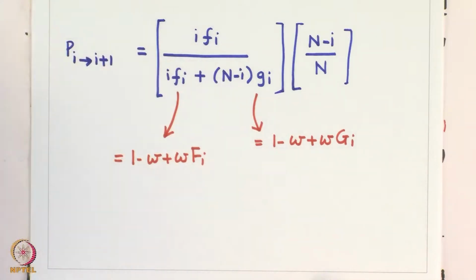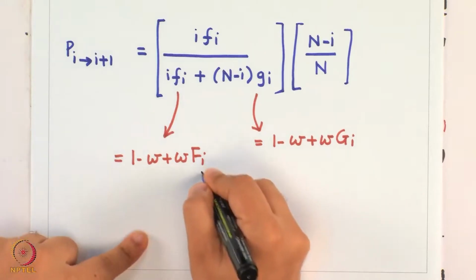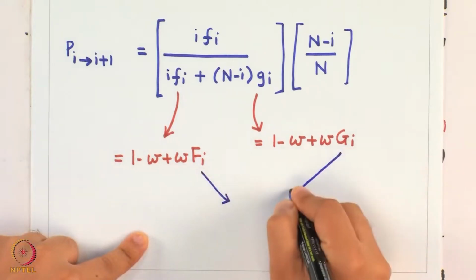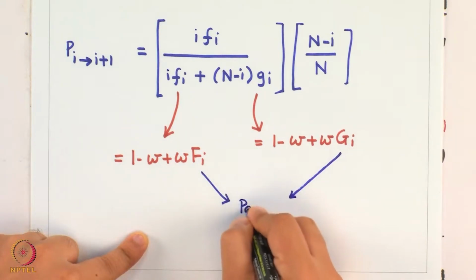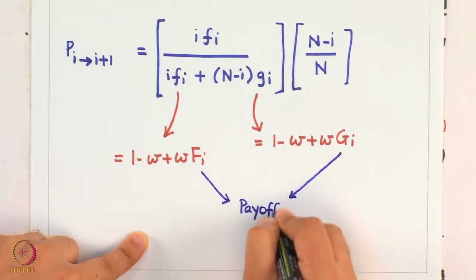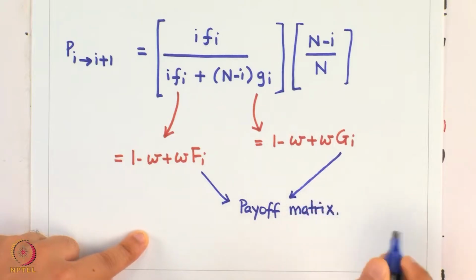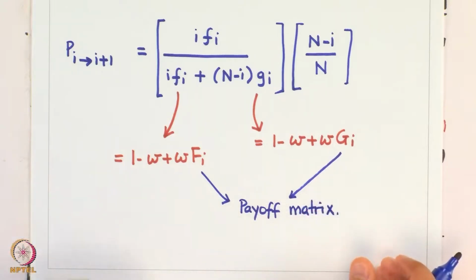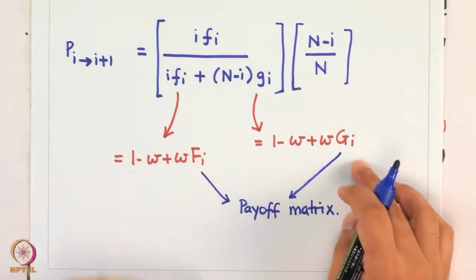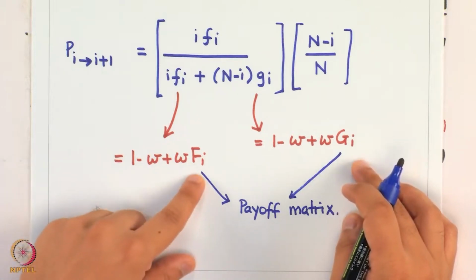We know that fi and gi come from the payoff matrix, and we have already seen that F and G are going to be functions of n.